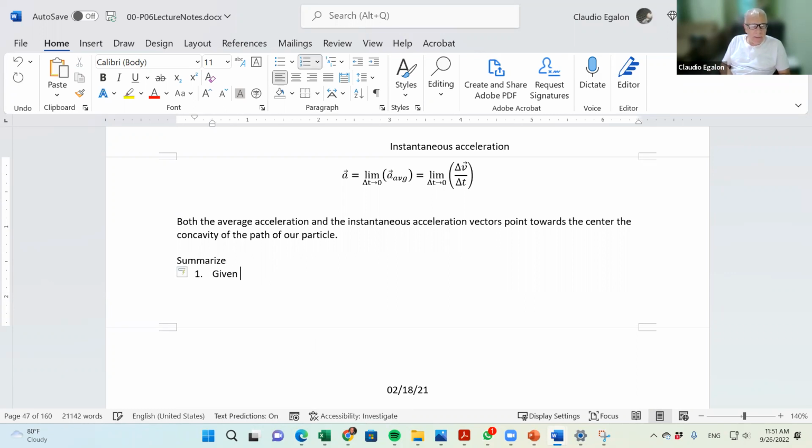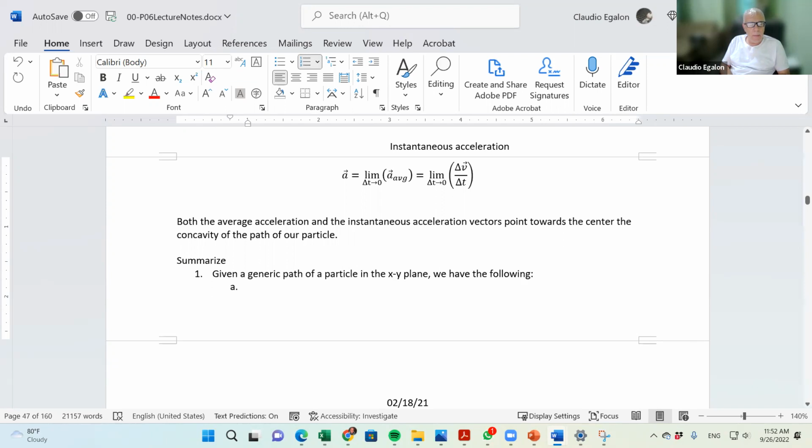1. Given a generic path of a particle in the XY plane, we have the following. A, the instantaneous velocity vector will point in a direction tangent to the path.